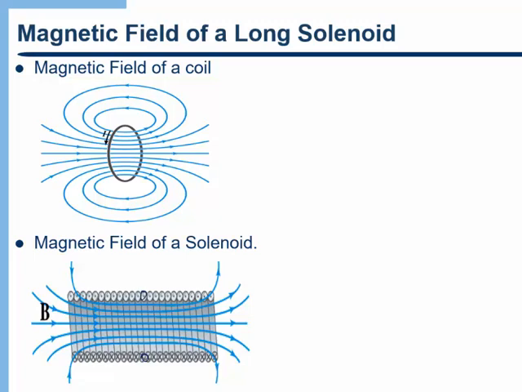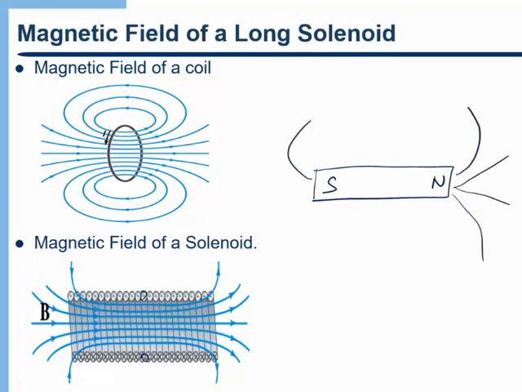The other thing about a solenoid is it's a quick way to create a magnetic field that's very similar to a bar magnet. You'll notice that if I drew a bar magnet, I would say that the magnetic field lines coming out of it look something like this. And if I look big enough, I can see them curl around.